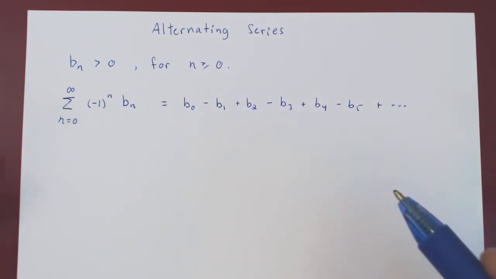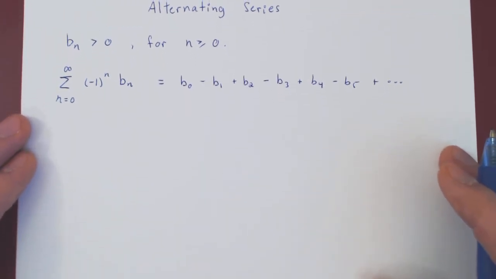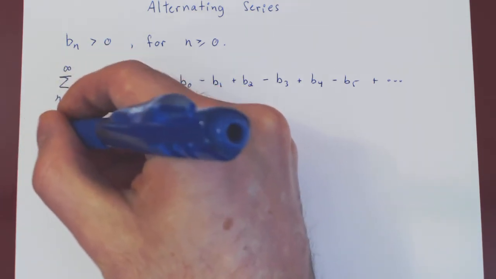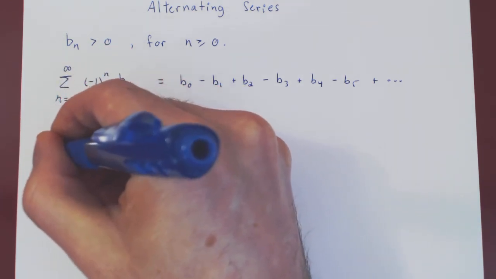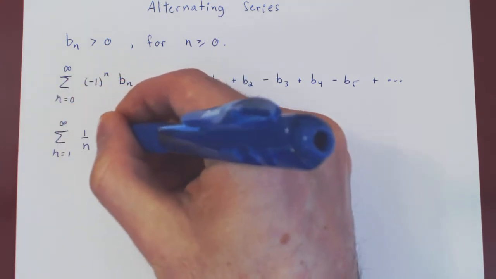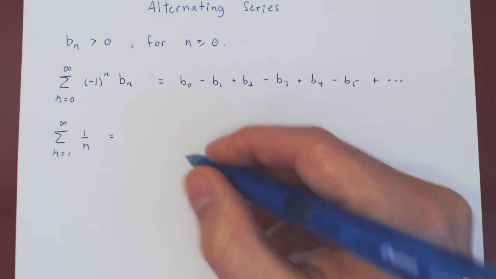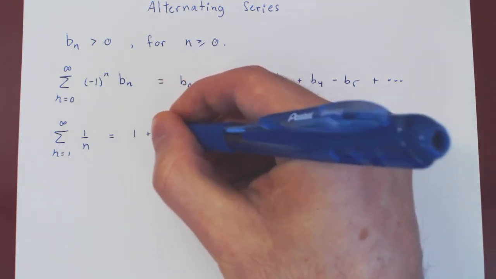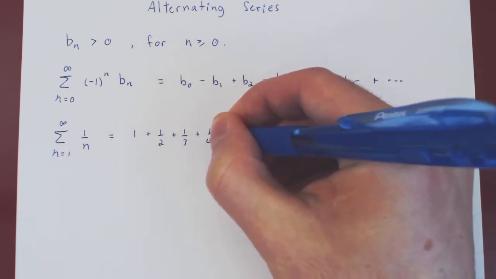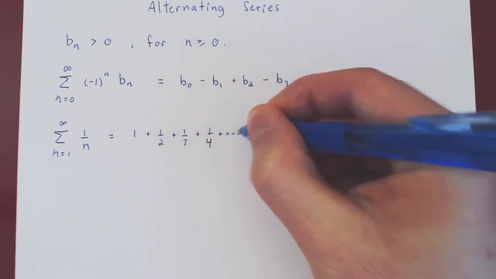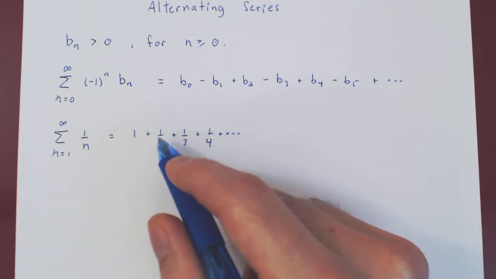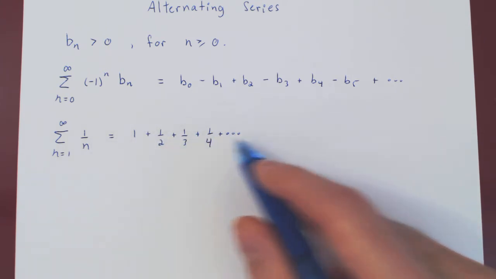So let's look at an example of this. Suppose I look at the sum from 1 to infinity of 1 over n. If I expand this out, I have 1 plus 1/2 plus 1/3 plus 1/4 and so forth. This is clearly not alternating. We have a sum of strictly positive terms forever.